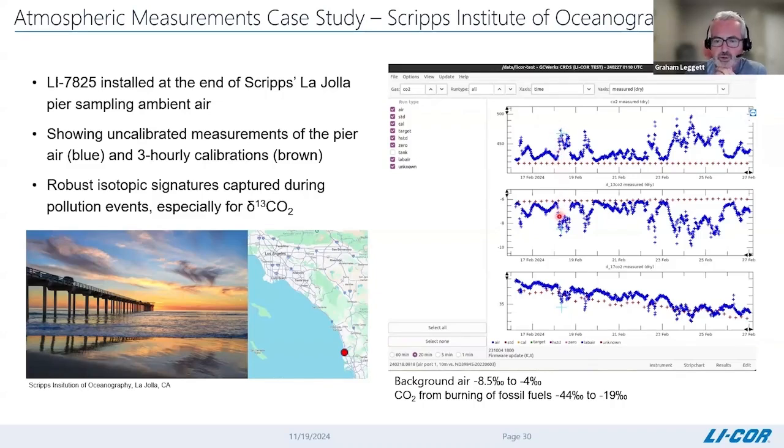But if you look at the plot below, we can confirm that by the change in delta 13C associated with those events. If you recall, the delta 13C value associated with fossil fuels is significantly more negative than a typical background, which in this case is about -6. But you see these excursions down to -8, -10 as those pollution events occur and the fossil fuel emitted CO₂ passes through the sampling area.